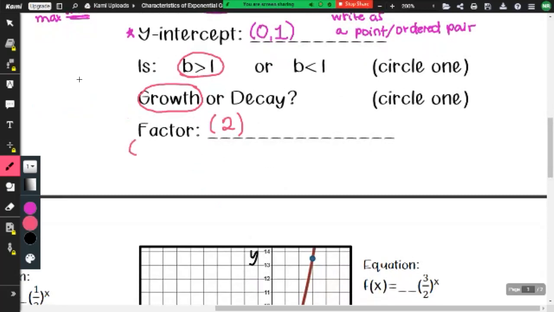Now the factor is also called the multiplier. Just like we went over with the other sheet, where we multiply by 2 every single time to get from one value to the next.